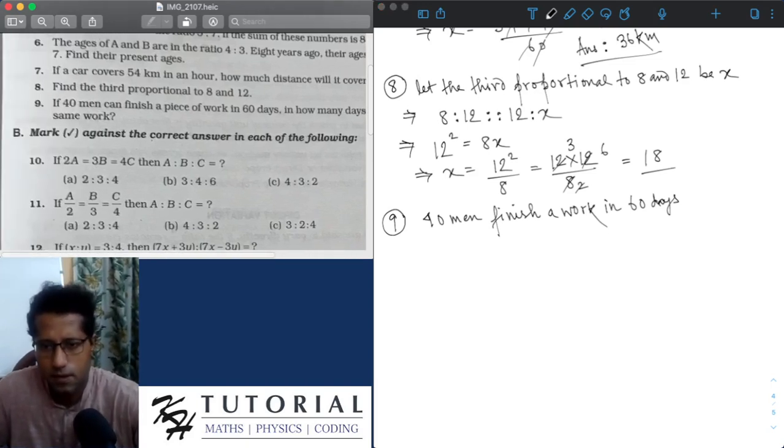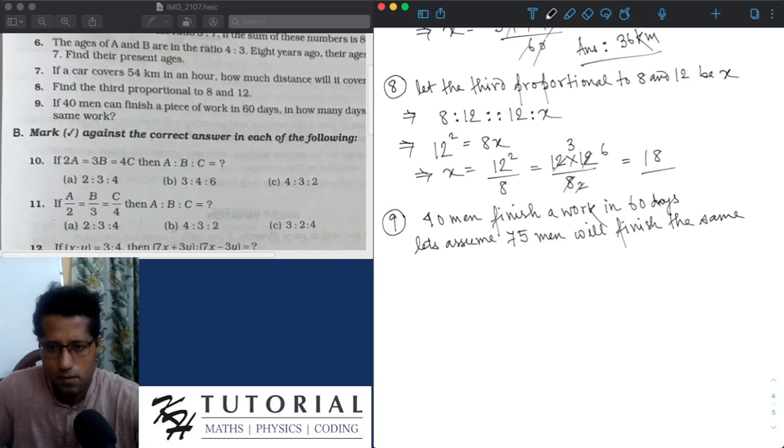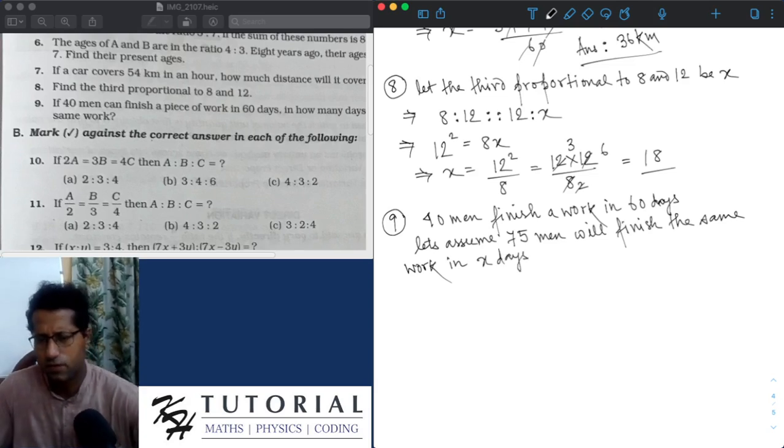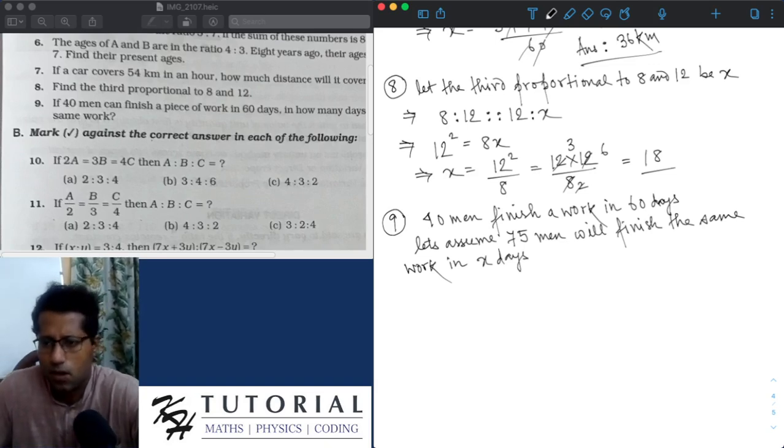So let's assume 75 men will finish the same work in X days. We are assuming that 75 men will finish the same work in X days.